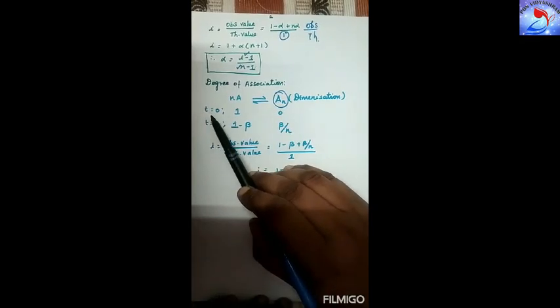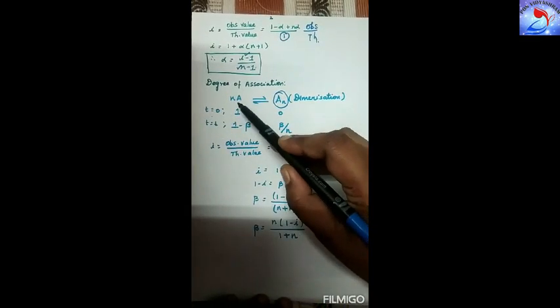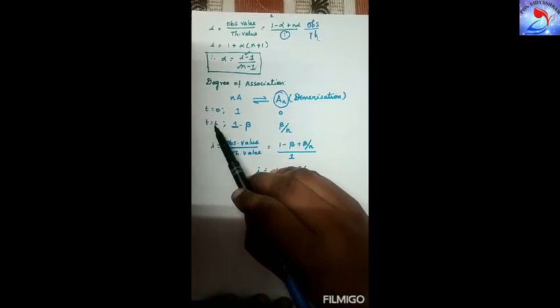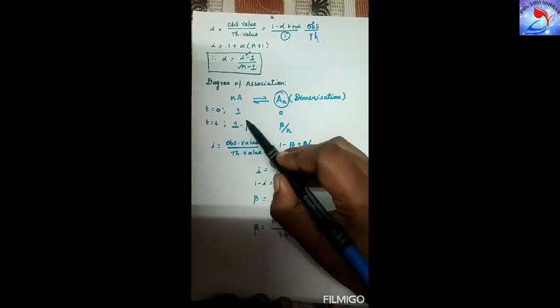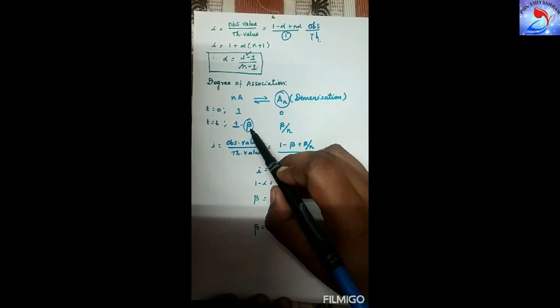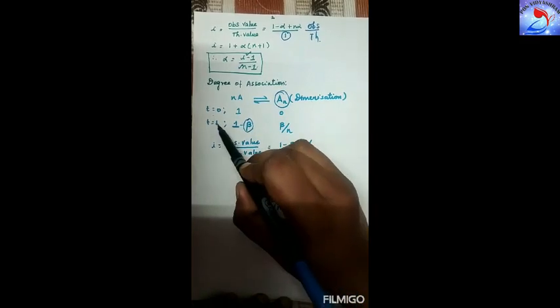When time t is equal to 0, the number of molecules is assumed to be 1 and there is no association. After some time t, 1 minus beta. The beta indicates the degree of association that has taken place after time t.